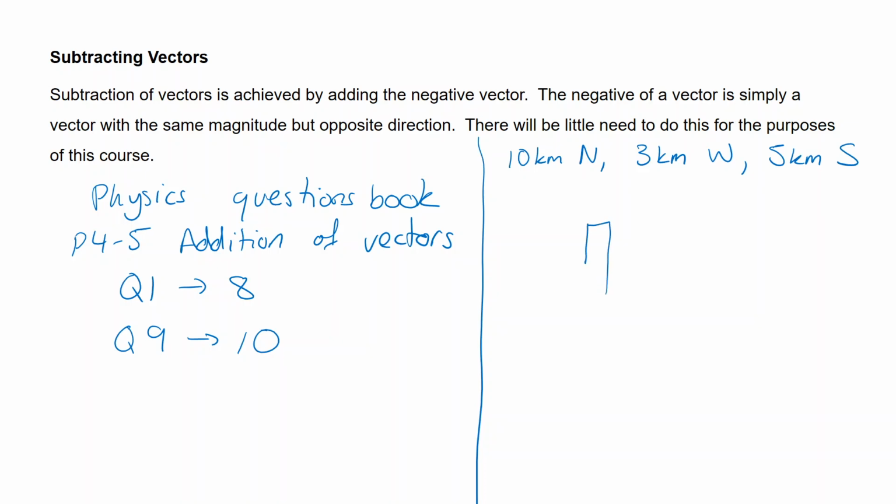And it's like, oh, how do I calculate my velocity there? Well, you sort of just subtract the north and south. If we've got 5 south and this is 10 north, then on the little triangle, that's just going to be 5, isn't it? So we just subtract the north and the south, which gives us 5 kilometres north, 3 kilometres west. I think that's what that's saying. That does come up a little bit, but not much.